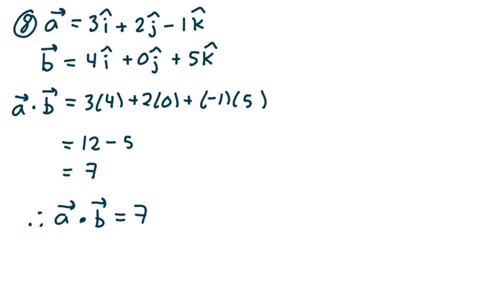Or you can say 3 times 4 plus 2 times 0 plus negative 1 times 5. It's the same idea. But this is equal to 12 minus 5, and 12 minus 5 is 7. And so therefore, the dot product of A and B must equal 7.